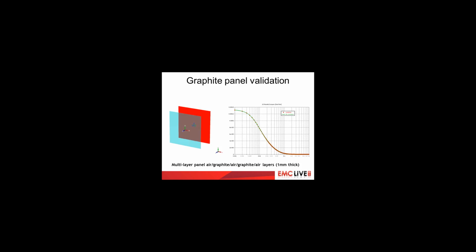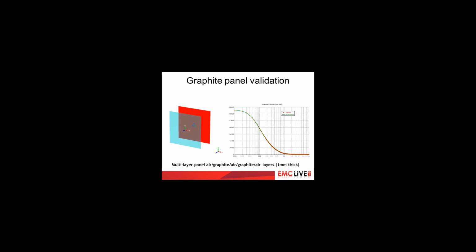So the time domain TLM solver uses a thin panel algorithm which captures the full physics of this skin effect and diffusion process. It's a frequency dependent effect. And this is a more efficient electrical model instead of a brute force approach of simply using a fine mesh.